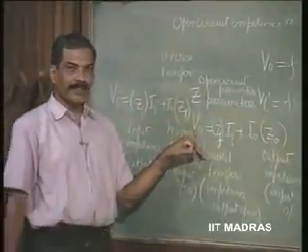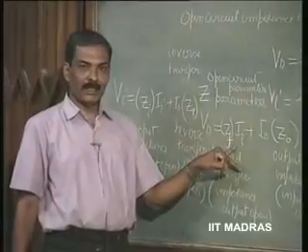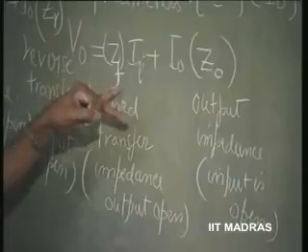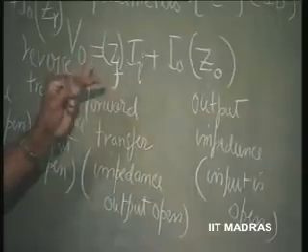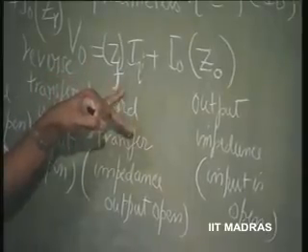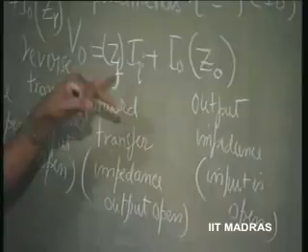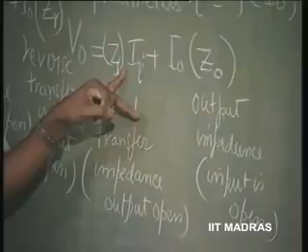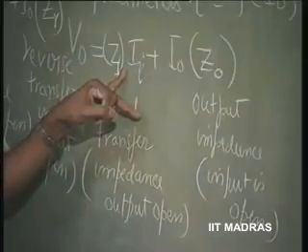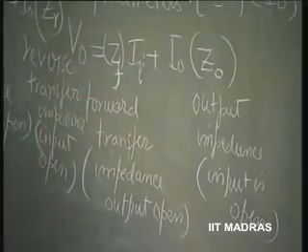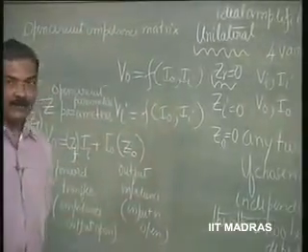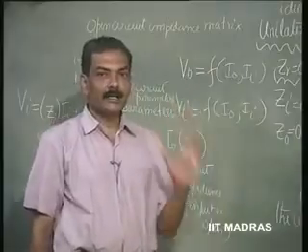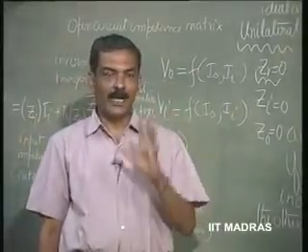Output voltage in terms of input current. So this is the trans impedance amplifier, which has been earlier called trans resistance amplifier, right? So a trans impedance amplifier is truly an ideal amplifier. Okay? So this particular amplifier that is defined by Z parameters is a trans impedance amplifier.